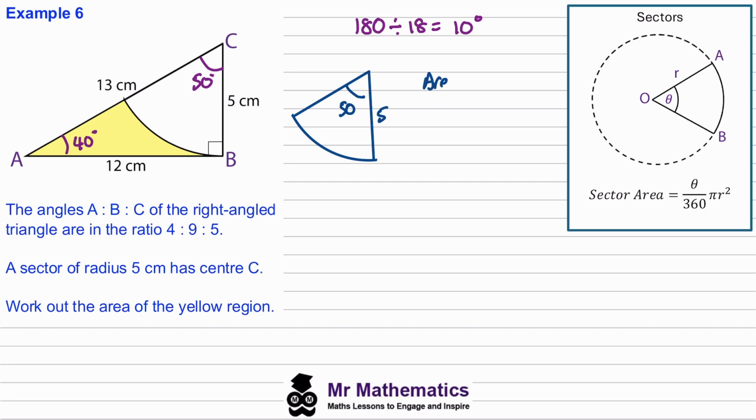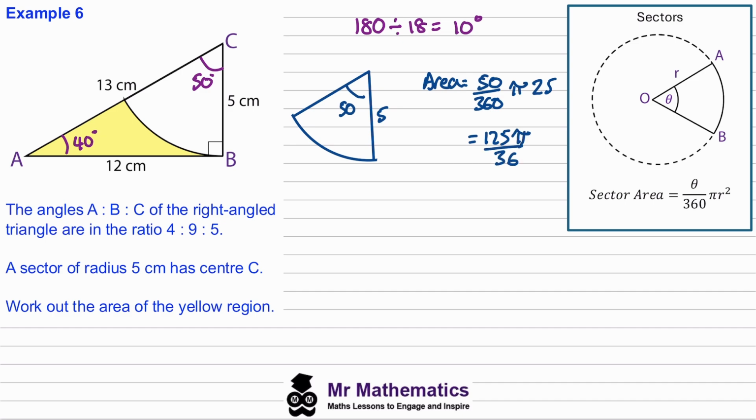So the area will be the 50 over 360 multiplied by pi and the radius squared. So we can simplify this fraction. We'll divide both by 10. Then we'll have 5 times 25. So we'll have 125 pi over 36.